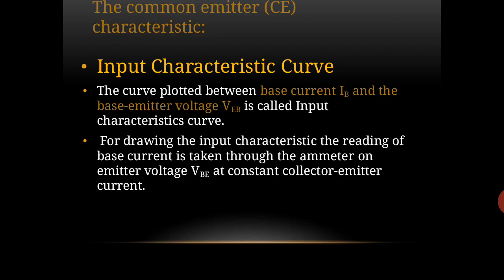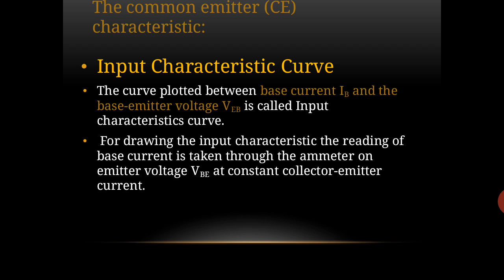The common emitter characteristics. Now this common emitter configuration will have two types of characteristics: input characteristic curve and output characteristic curve. Now the curve plotted between the base current and the base emitter voltage is called the input characteristic curve. Means it will decide the characteristic of the input circuit.